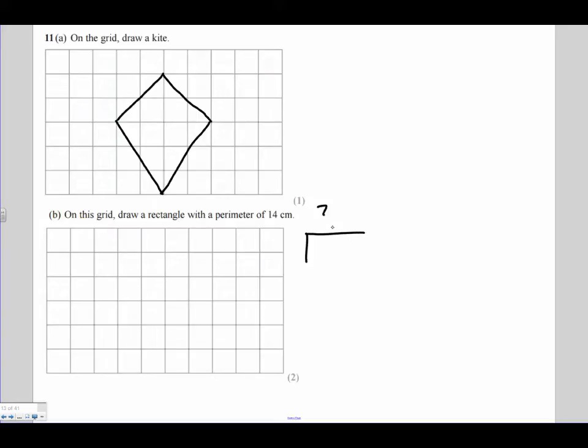So as long as these two sides are different, so for example 4 and 3, then our rectangle will have a perimeter of 14 centimeters. So 1, 2, 3, 4, 1, 2, 3, 1, 2, 3, 4, 1, 2, 3. And of course in the exam you'd use a pencil and a ruler to do it slightly neater than I have.